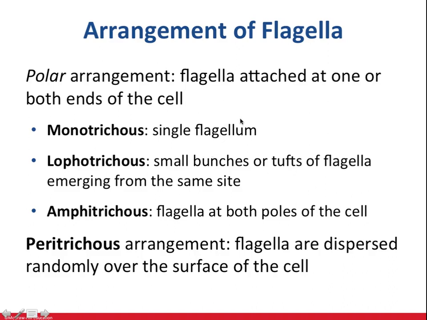Based on the different attachments, we can divide the cells into monotrichous, meaning a single flagellum; lophotrichous, a small bunch of flagella emerging from the same site; amphitrichous, flagella attached to both sides of the bacteria; and peritrichous, where the flagella are dispersed randomly over the surface of the cell.